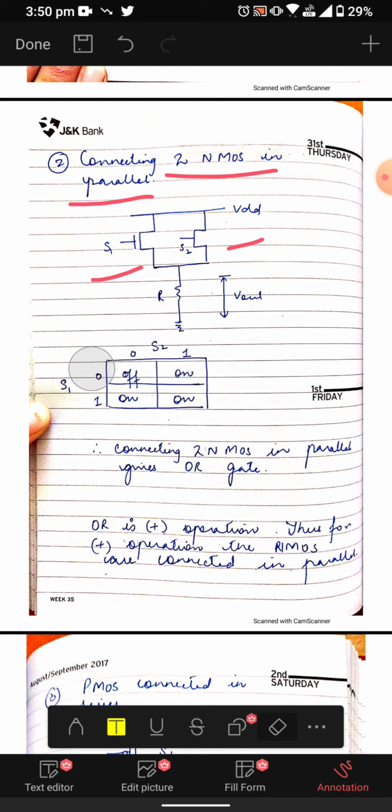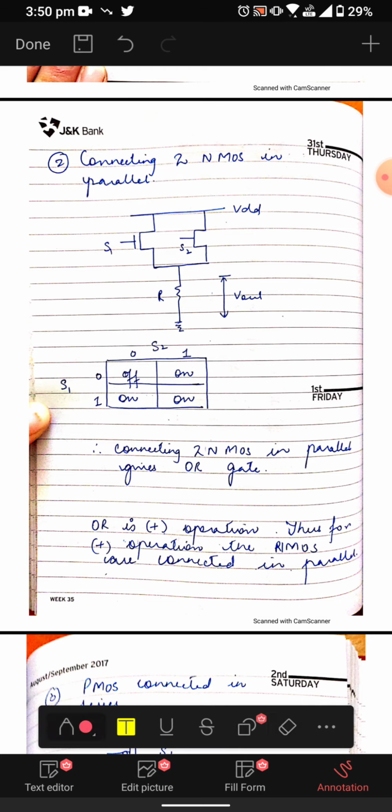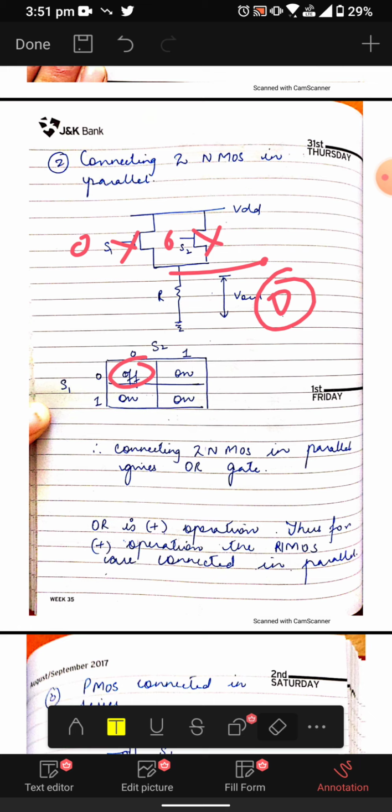Now when the inputs to both the transistors are 0, both the MOSFETs will be off, and as such Vout over here will be 0. Fine. So that is what I'm showing over here. It will be off.